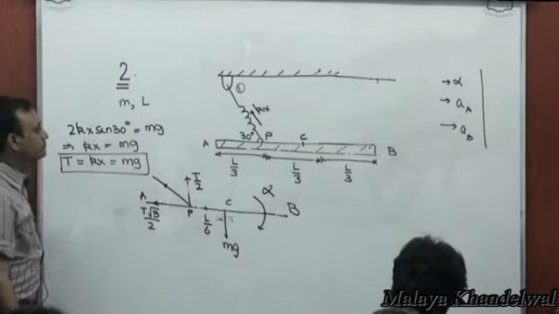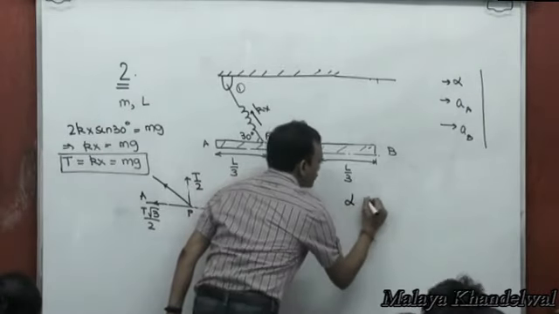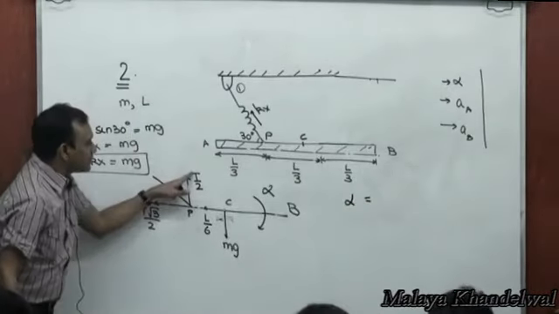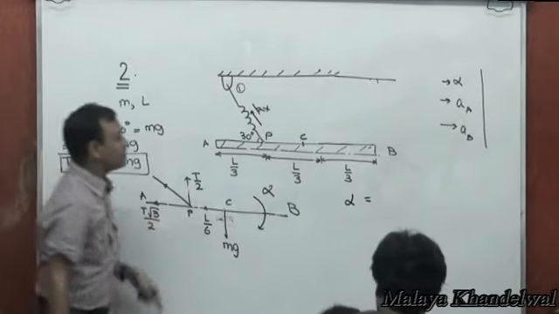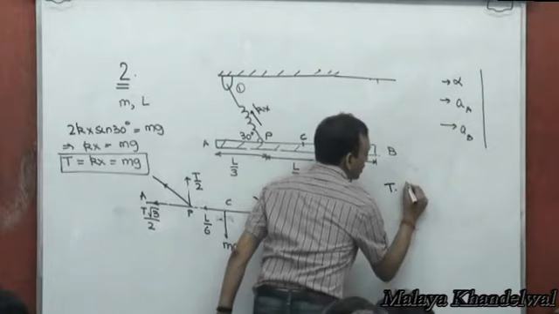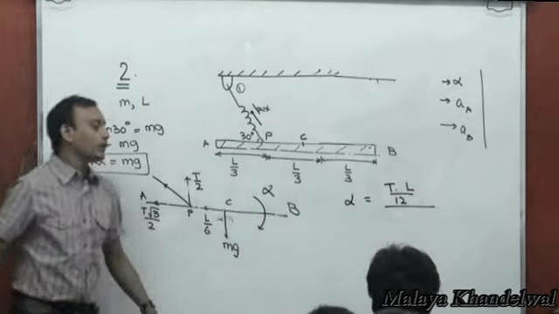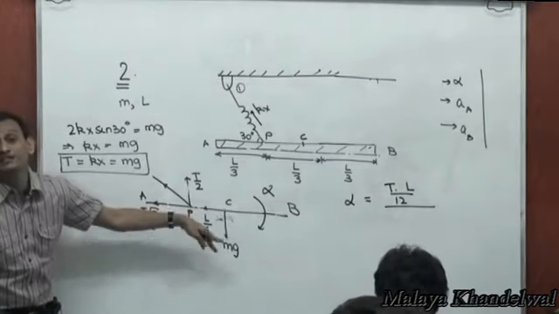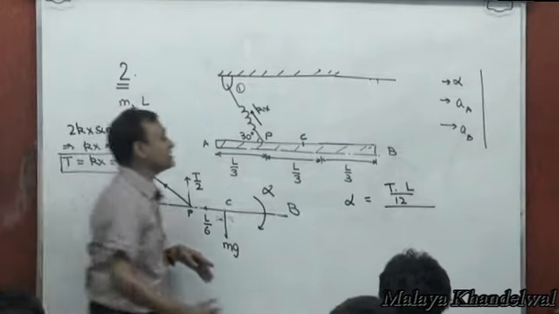So to compute alpha, you take torque about the center of mass, which is T by 2 into L by 6, so TL by 12, divided by I about the center of mass, which is 1/12 mL squared.